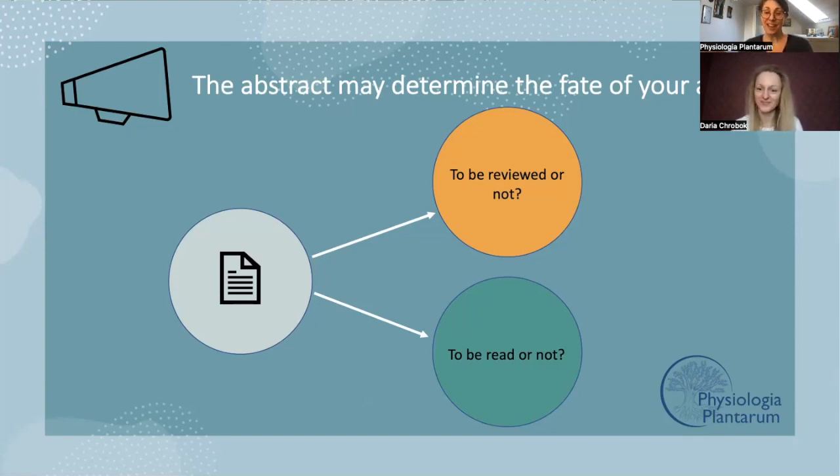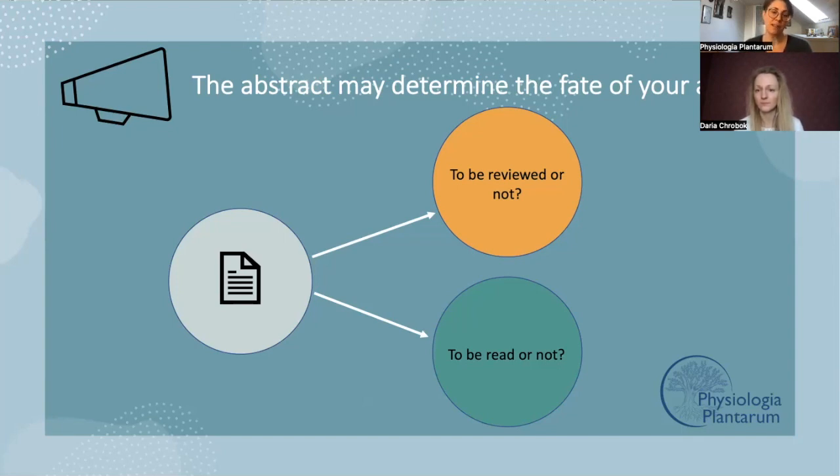And then if you get reviewed, accepted and published, your abstract will in many cases also determine whether you will be read or not. That's the second reason why the abstract is so important. A lot of places will just index the abstract. Not all articles are open access; a lot of them are still behind a paywall.